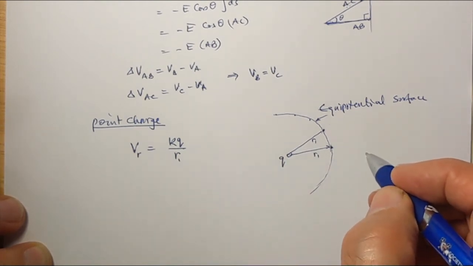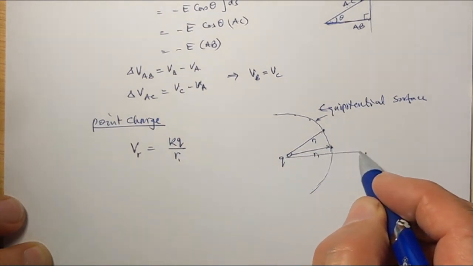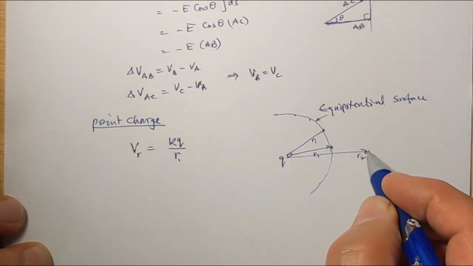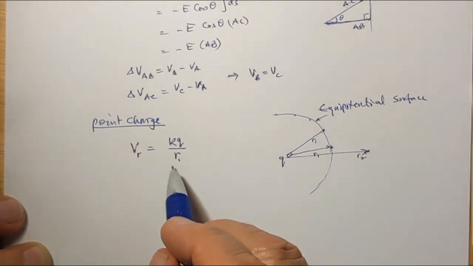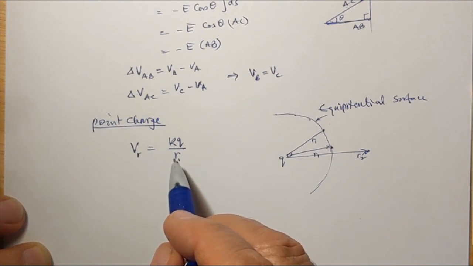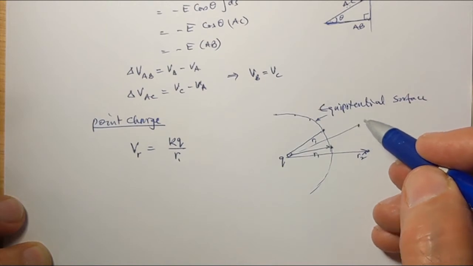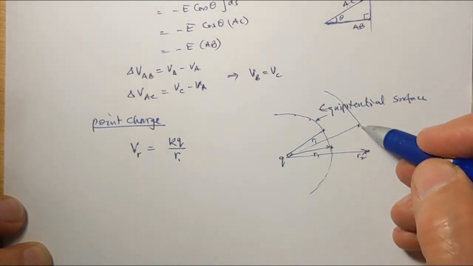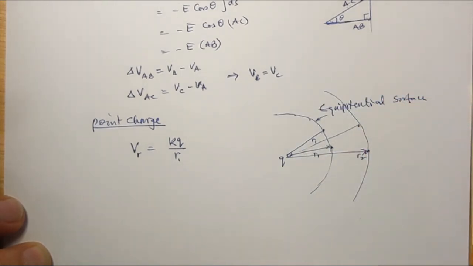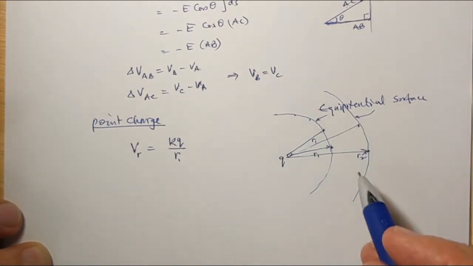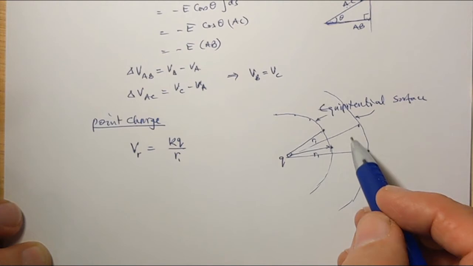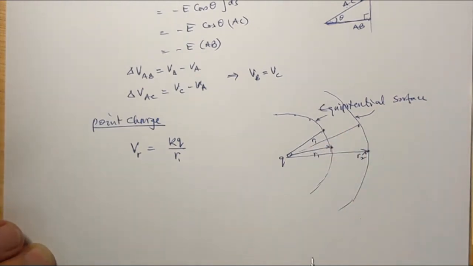Now if you go to another point which is at a bigger distance, R2, then the potential is smaller, but at every distance R2 we will have another equipotential surface. So for every value of R we will have an equipotential surface.